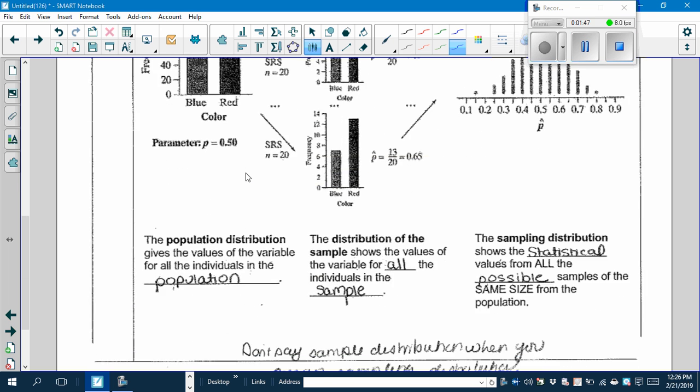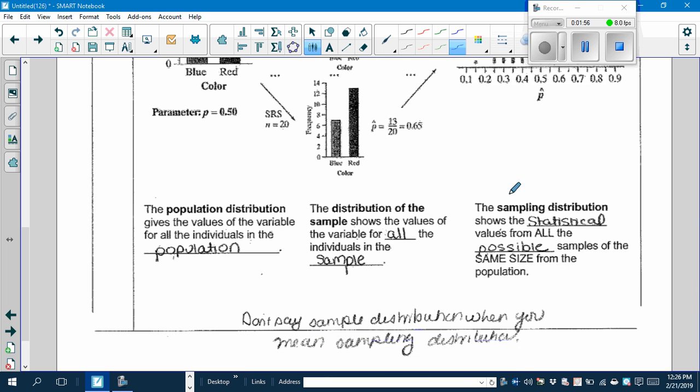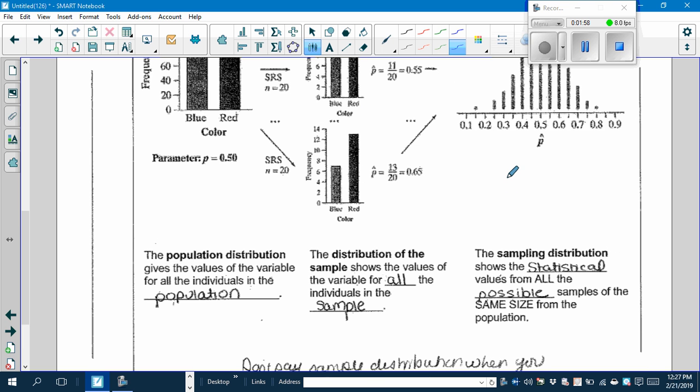Understand the difference between a population distribution, the distribution of the sample, and a sampling distribution. That's huge because a sampling distribution is a lot of samples, and shows the statistical values from all the possible samples. So remember, this could be a short answer question or a multiple choice question, so these are very important right here.